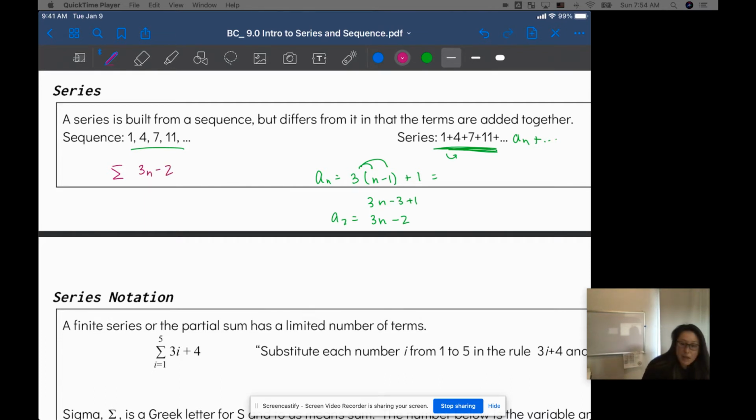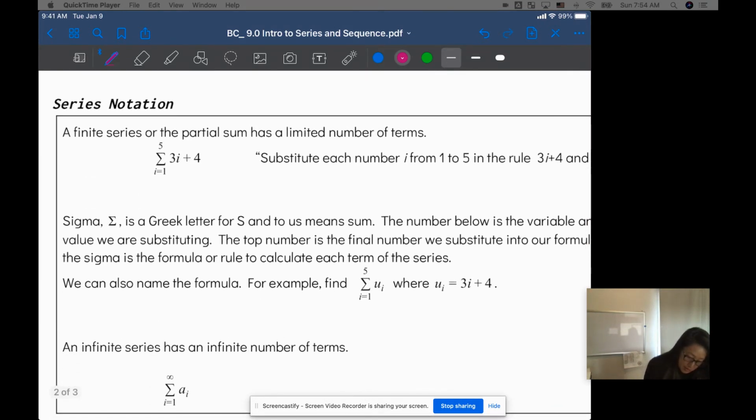And say I want to add up infinity terms, I would say n is equal to 1, because that's the variable I'm using inside my rule. And then the last n value I plug in goes in the top. So I'm going to plug in from integers 1 to infinity. Okay. So here's our series notation, which we also call sigma notation.